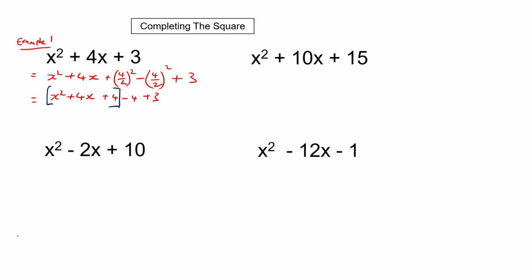Let's go back to red. So that's equal to, if I factorize that, x plus 2 times x plus 2. So it's x plus 2 squared. And then minus 4 plus 3, so minus 1. And that's job done. So we've got to look out for the constant. Just be careful. Let's try this one.